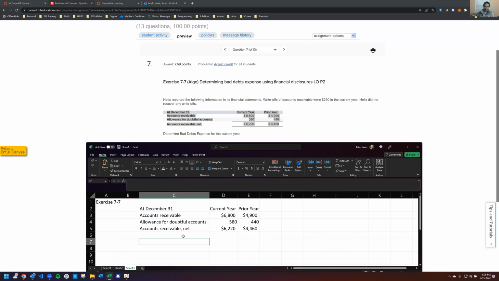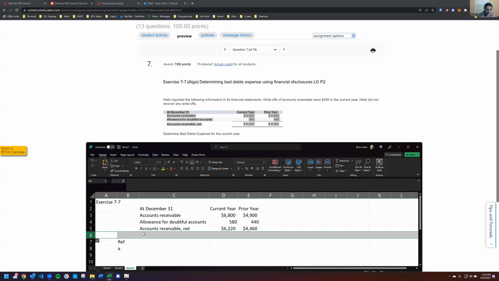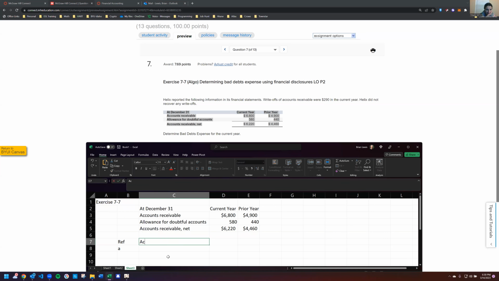So let's see a reference. This is A. Let's input this right here. Insert. We have our account, and we have our debit, and we have our credit. Okay, so they would have already done a bad debt expense of 290, and that would have come from accounts receivable.